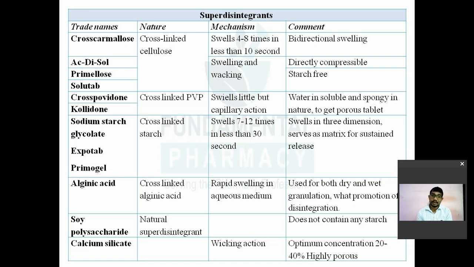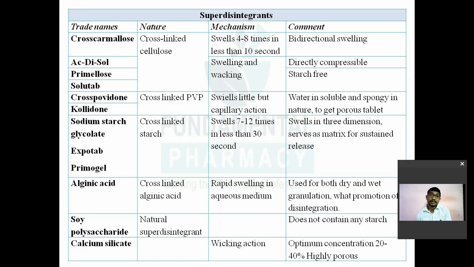It will swell 4 to 8 times its original volume within 10 seconds. There is bidirectional swelling and it releases the drug. Again, for Ac-Di-Sol, Primellose, Solutab, swelling is also there, and wicking.